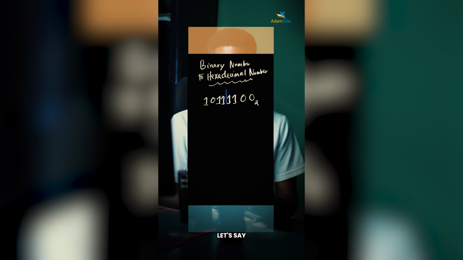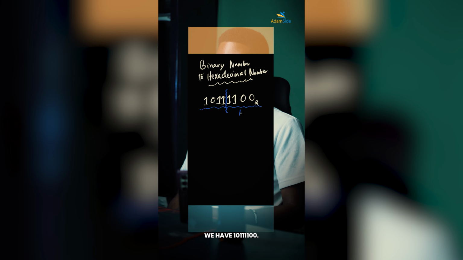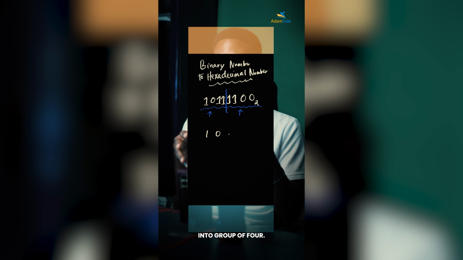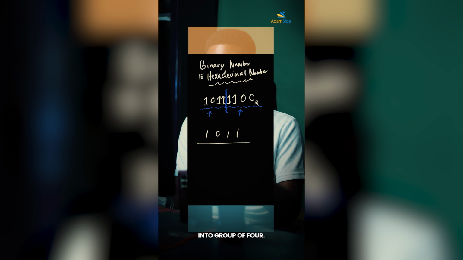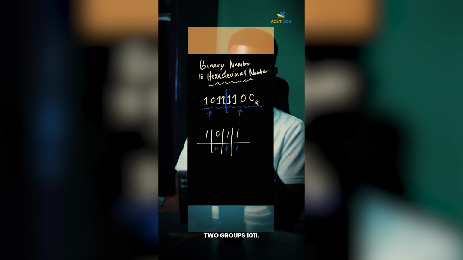Take this example. Let's say we have 1, 0, 1, 1, 1, 1, 0, 0. Now you need to group this binary number into groups of 4. Since this is an 8-bit binary number, we will have two groups.